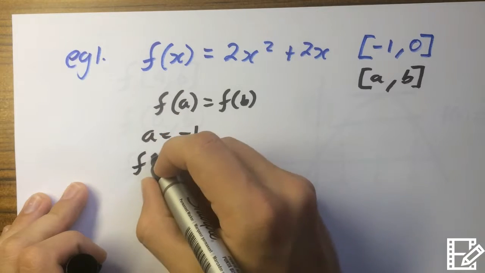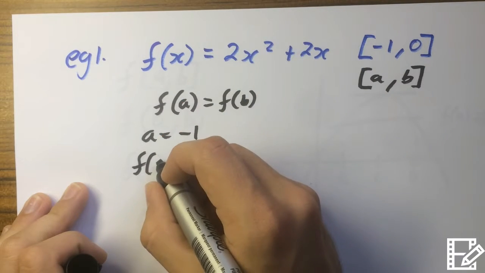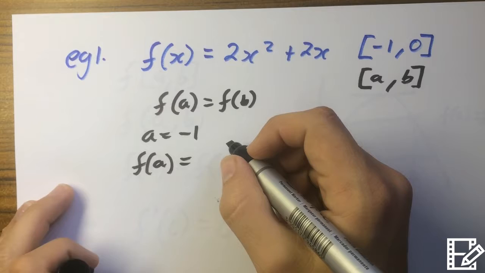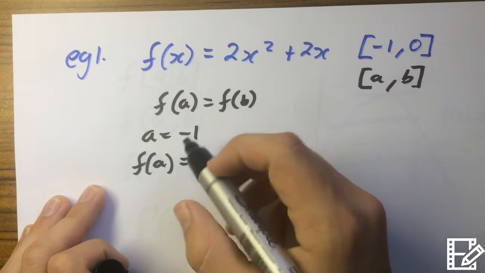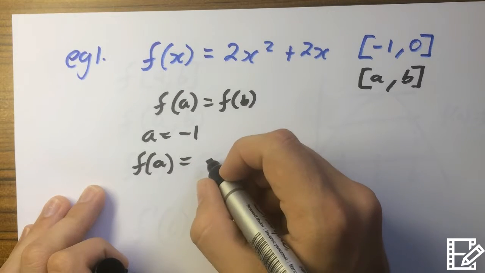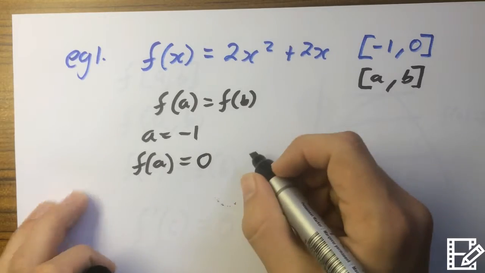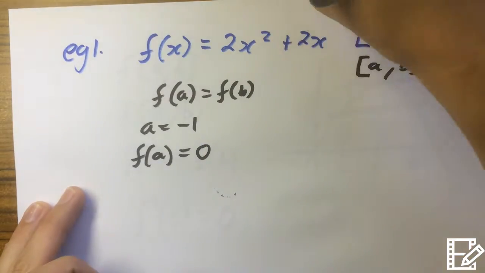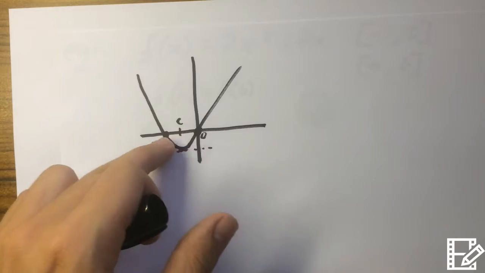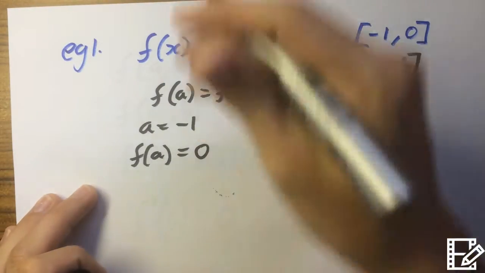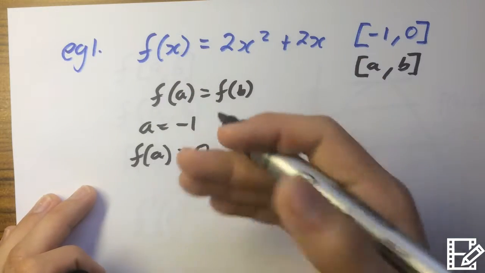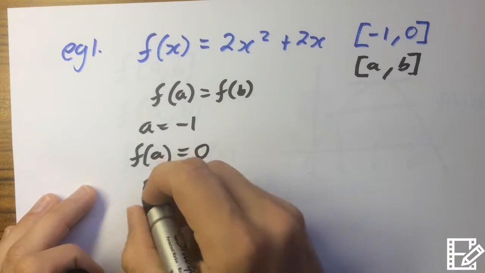therefore if we insert that into the function, f of A, f of -1, equals 0, which makes sense because the y value is 0 because it's on the x-axis. I drew that up because I knew what it looked like, but in this case we don't know what it looks like, so we're figuring it out.